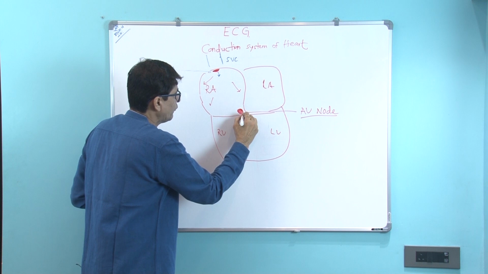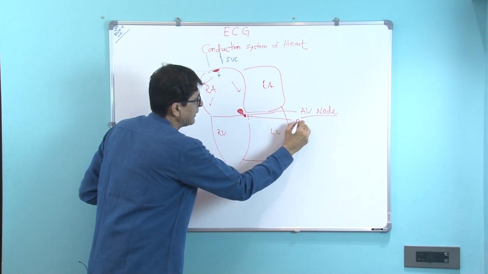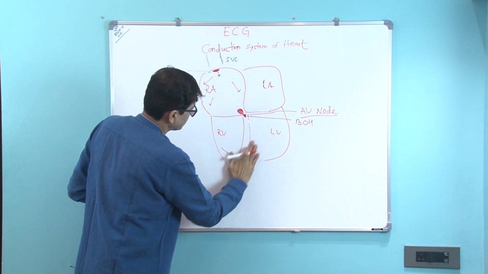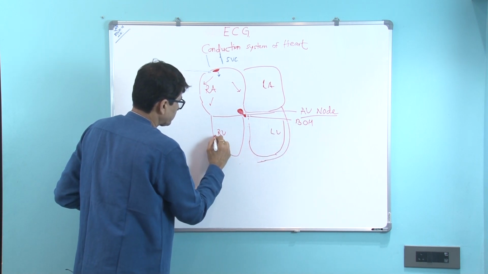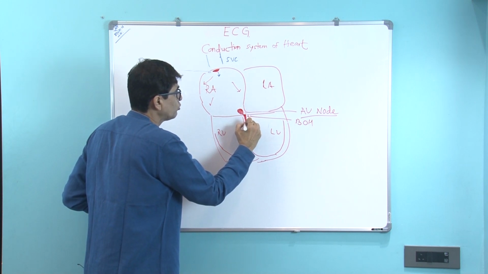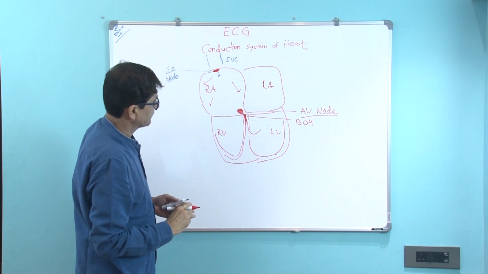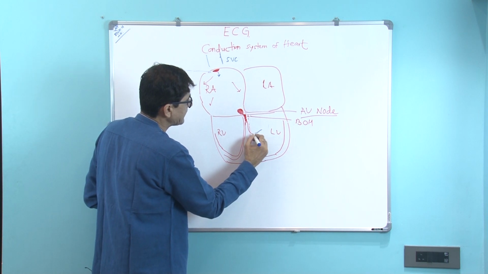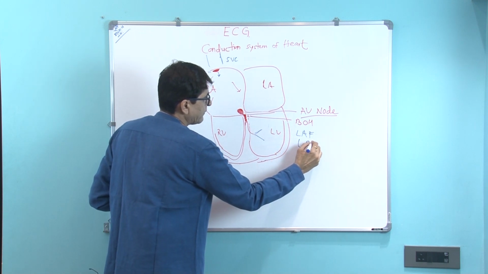From the atrioventricular node, there is the bundle of His, and this bundle of His bifurcates into two. This is the right bundle and this is the left bundle. The left bundle ultimately divides into the left anterior fascicle and the left posterior fascicle.